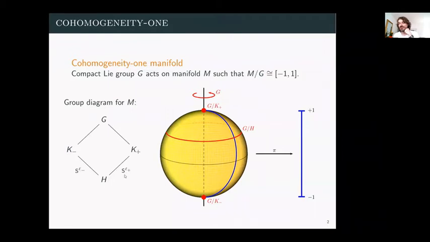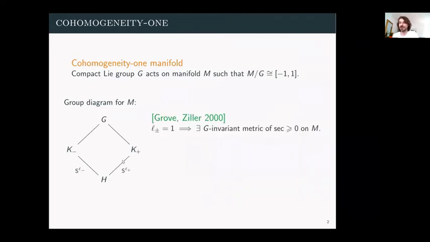And so this L plus and L minus correspond in some sense to the codimension of the singular orbits. So for example, if I have circles in this picture here, then that corresponds to codimension 2 singular orbits. And this is a situation that we like to have for reasons that I will explain in a moment, namely now.